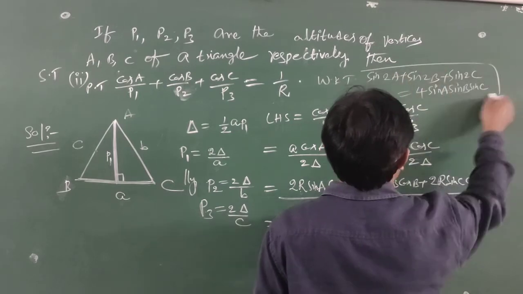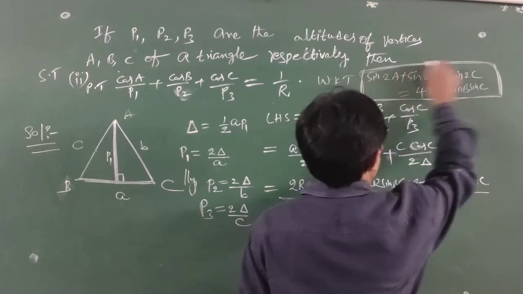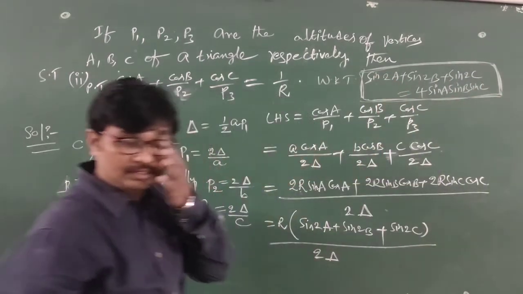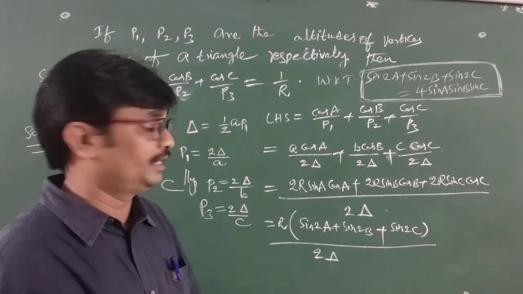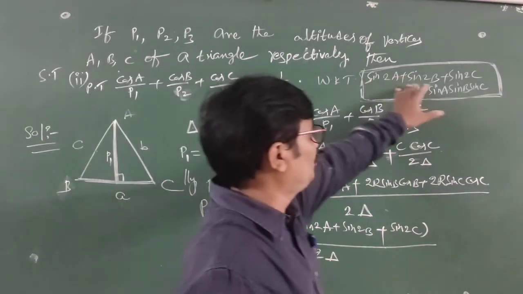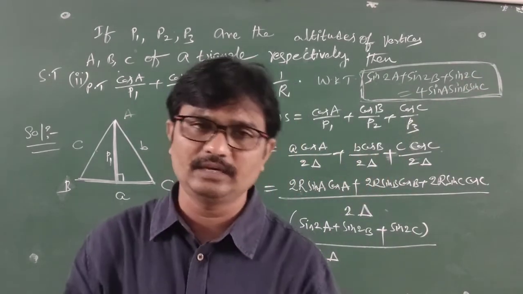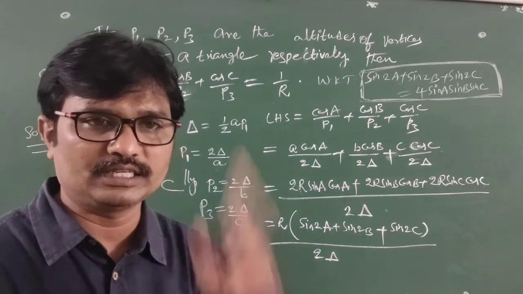This is very important in the transformations. We can use it three or four times in some selected questions in the properties of triangles. Those are very important. We have to know that sin 2a plus sin 2b plus sin 2c is 4 sin a sin b sin c, from the transformations.